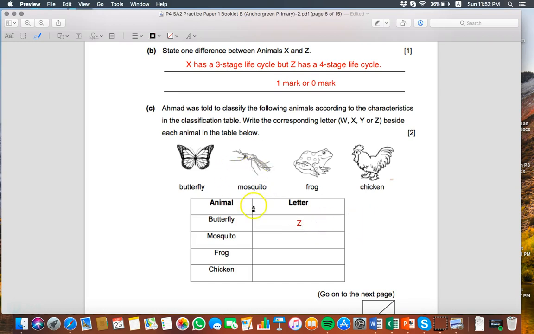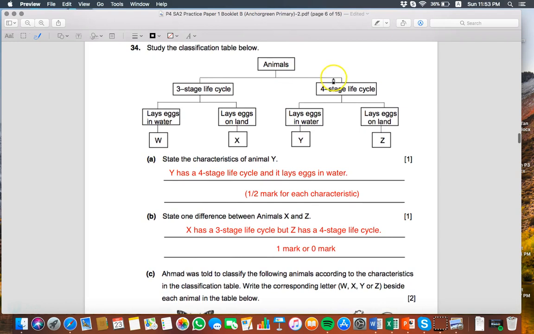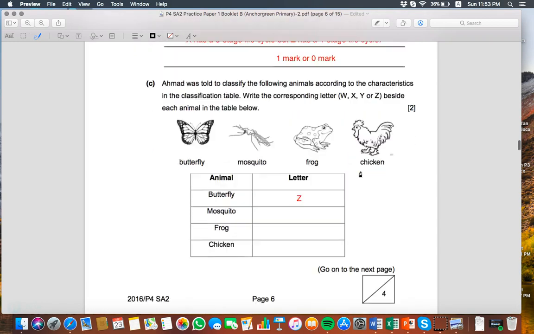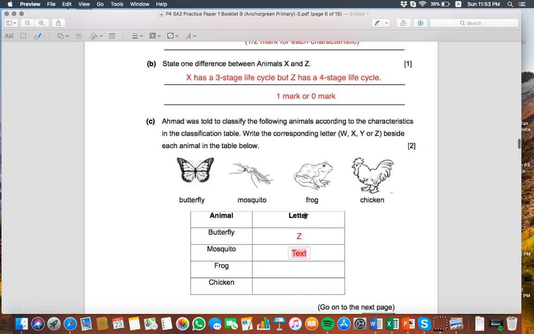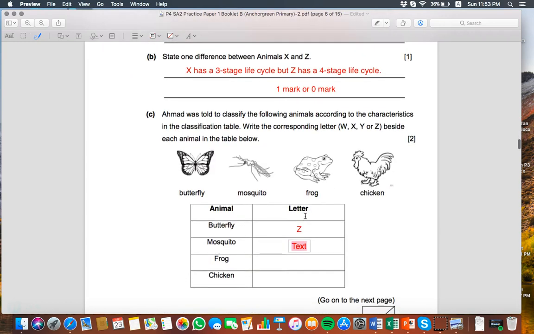Okay, what about mosquito? Mosquito has a 4-stage life cycle: egg, larva, pupa, adult. And it lays eggs in water. That's why when you do your Mozzie wipeout, when you want to kill the mosquitoes, they usually tell you to not leave stagnant water around because mosquito breeds in water. The egg, larva, and pupa stage will be in water.